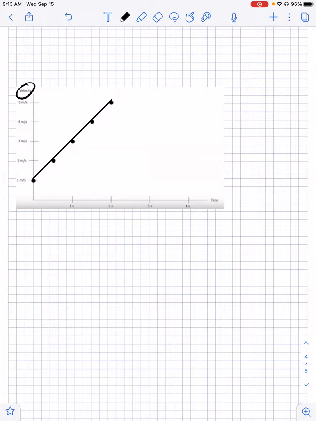If this object was moving at a constant velocity, then it would be a straight graph, right? That means as time goes on, it's moving at a velocity of 4 meters per second the whole time. So that would be constant velocity.